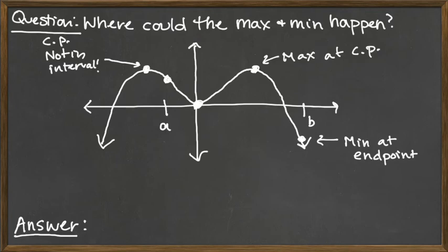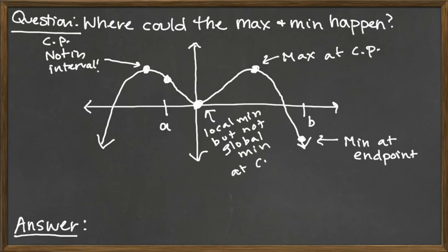But then notice here that we have a local min, but not global, at that particular critical point. And likewise here at the endpoint A, we actually end up having a local max there too, when we're restricting our vision only to the interval [a, b].